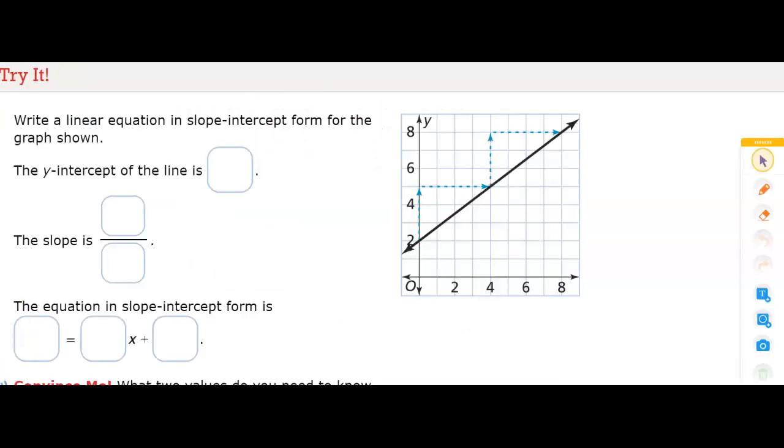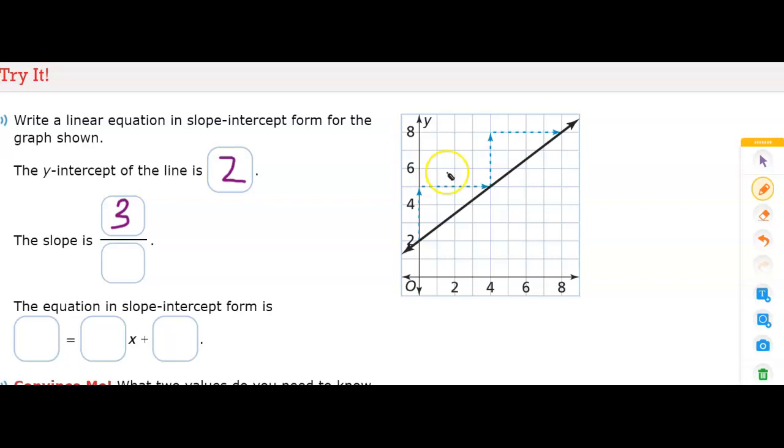Write a linear equation in slope-intercept form for the graph shown. The y-intercept of the line is 2. The slope would be, if we look here at the lines they have drawn, our rise would be 3.